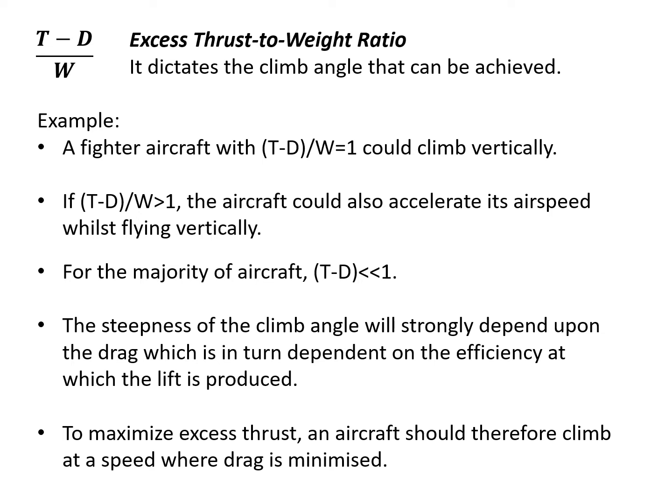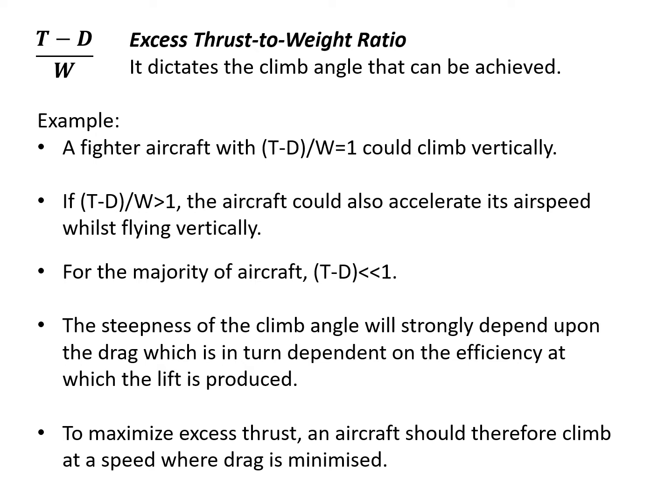For example, for a fighter aircraft with T minus D divided by W equal to 1, this aircraft can climb vertically. If it's larger than 1, the aircraft could also accelerate its airspeed while flying vertically. And for the majority of aircraft, it's far smaller than 1.